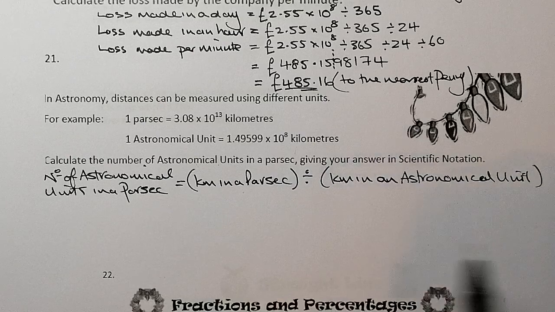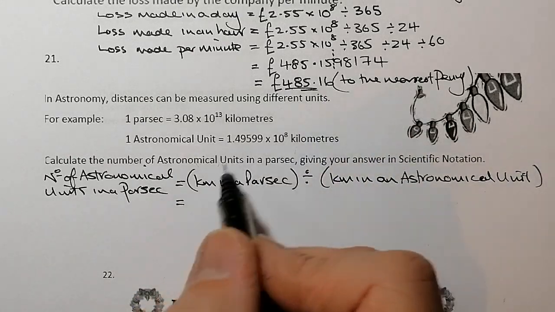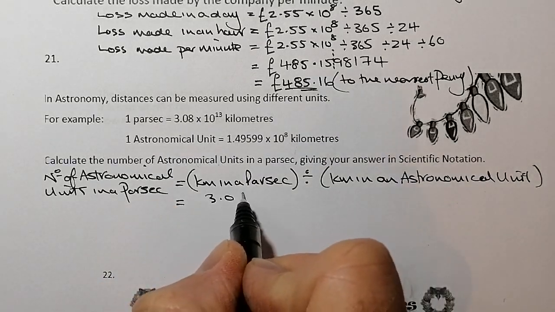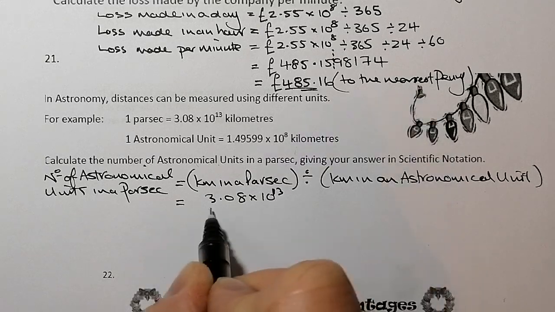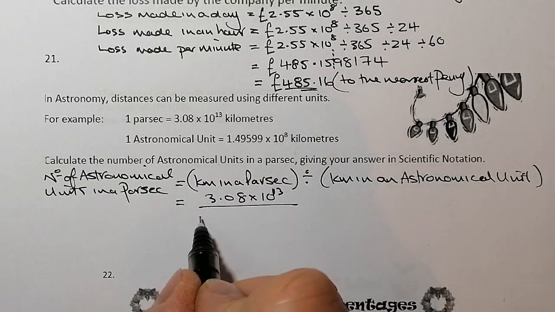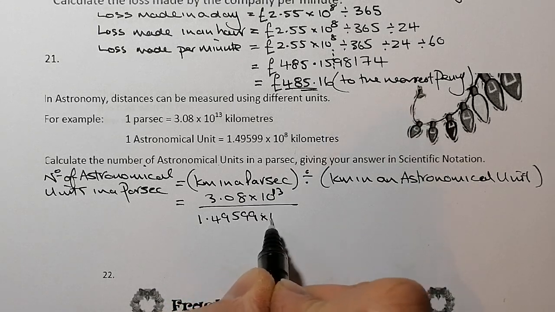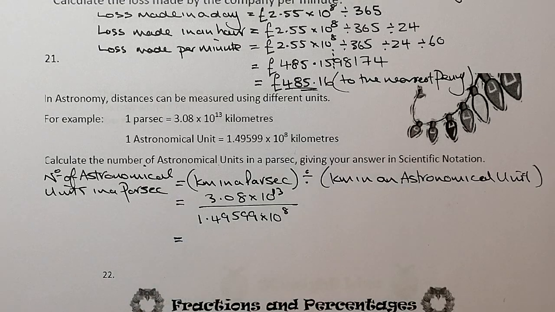Okay, so that's the calculation I'm going to do. I'll write it in fraction form: 3.08 times 10 to the power of 13, divided by 1.49599 times 10 to the power of 8. And I'm just going to make sure I put that into the calculator correctly.